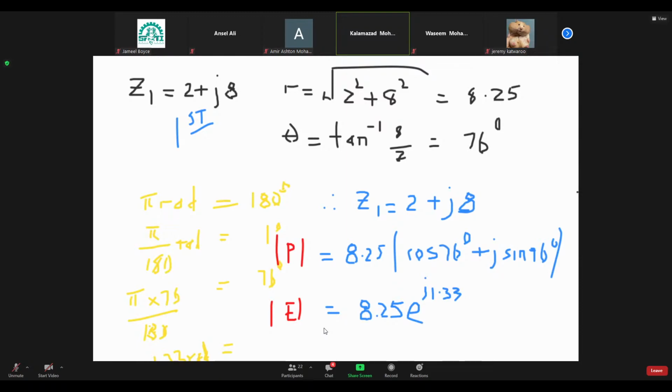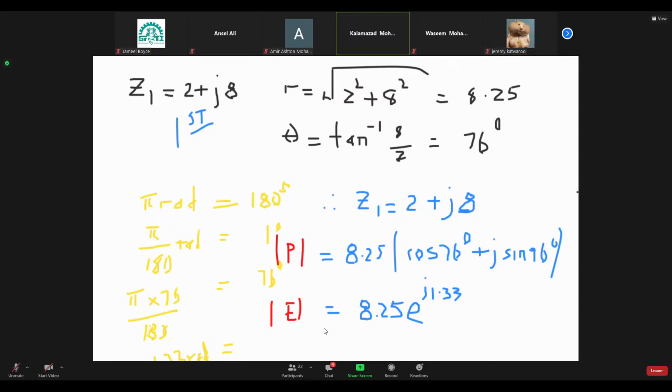And 8.25 multiplied by sine 76. That's going to give us 8. All right. Now, for the exponent form, make sure your calculator is in radian mode. And then it's going to be 8.25 multiplied by cos 1.33.